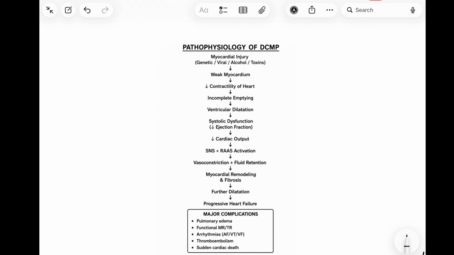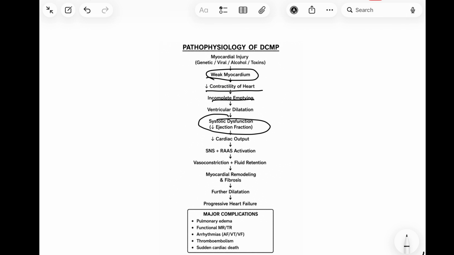The pathophysiology of HOCM and dilated cardiomyopathy is almost the same, just the pre-existing conditions differ. Here there is a weak myocardium, due to which there is decreased contractility of the heart and incomplete emptying, right? So the systolic function is decreased.